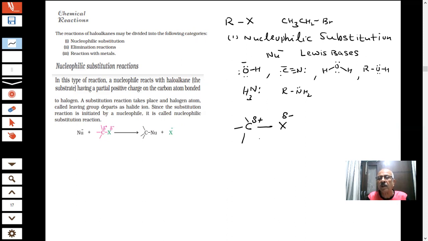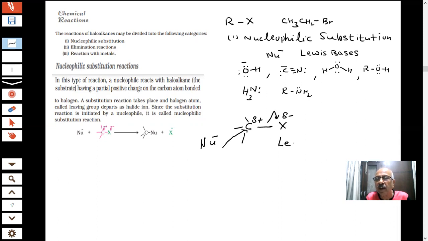So this bond is polar. The nucleophile will attack which place? This carbon. If I'm saying this is my nucleophile, which is negatively charged, what will happen? This is going to attack this carbon and this will be leaving.